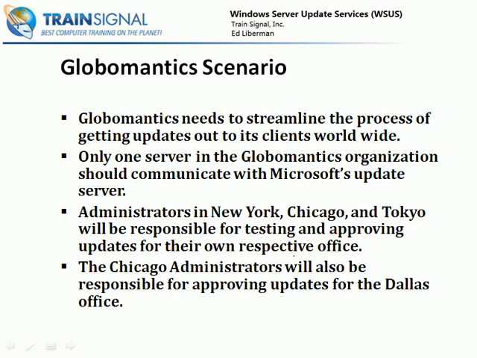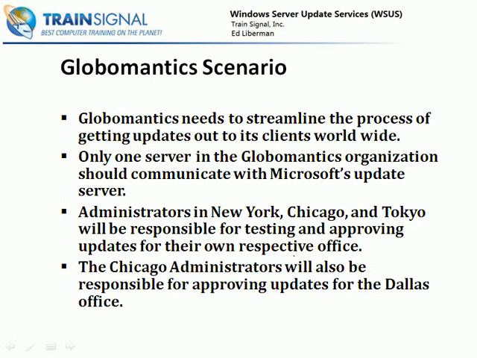But the Chicago administrators will also be responsible for approving updates for the Dallas office. So what that means is that the WSUS server in the Dallas office will probably be set up in replica mode, and we'll just get a replica of the WSUS server in the Chicago office.